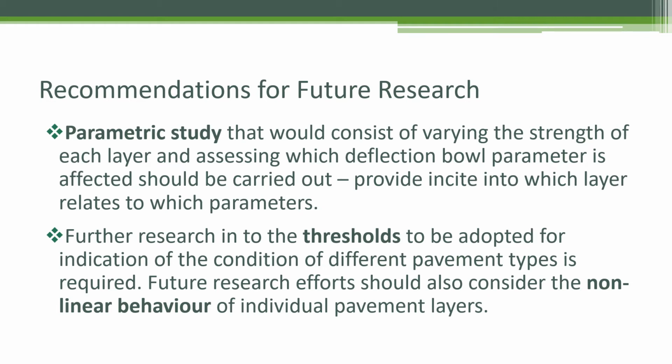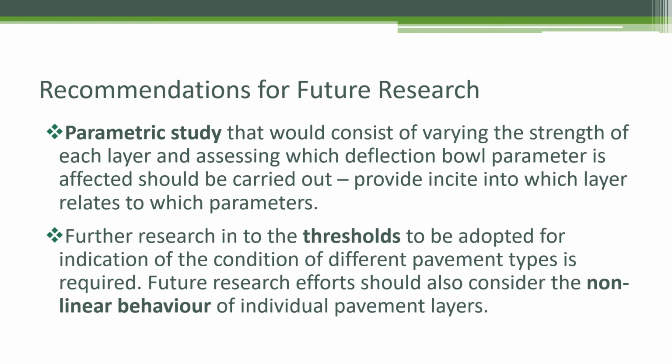So moving on to some recommendations for future research, I'd like to say that one of the main things identified is the need for a parametric study that would consist of varying the strength of each layer and assessing which deflection bowl parameter is affected. This would provide some insight into which layer relates to which parameters.